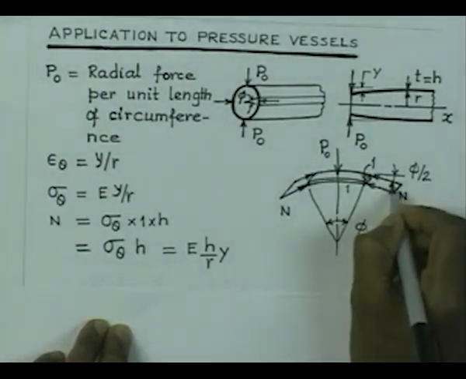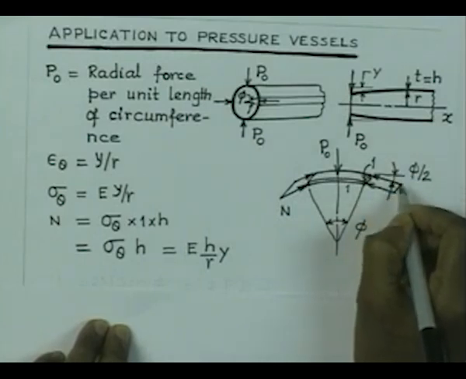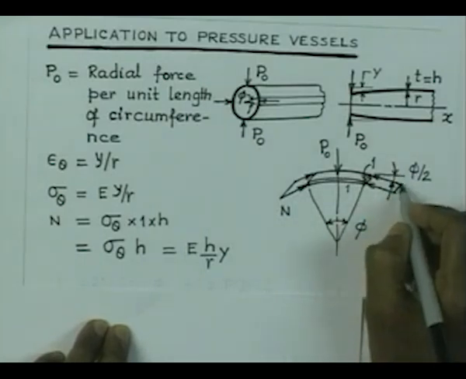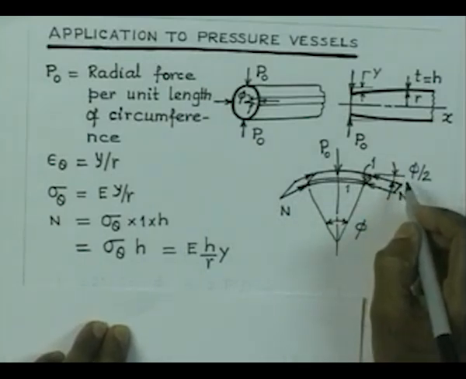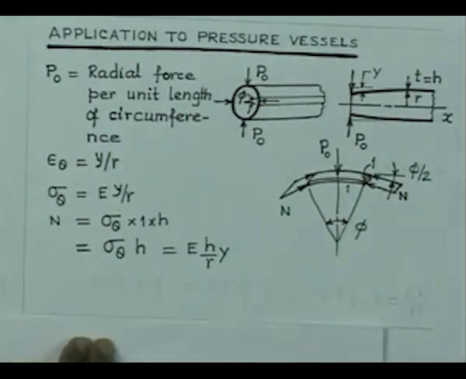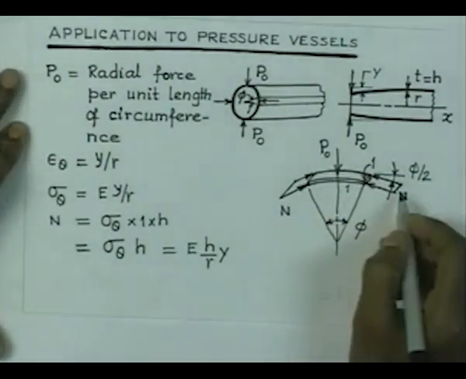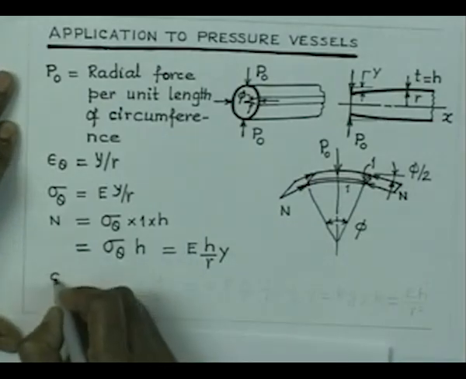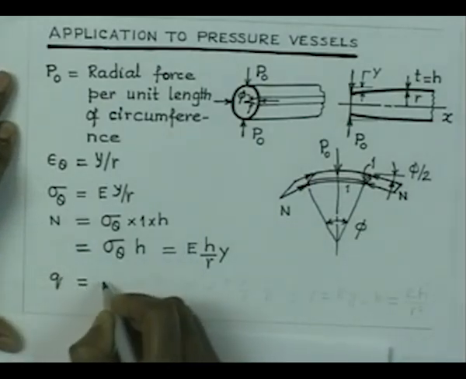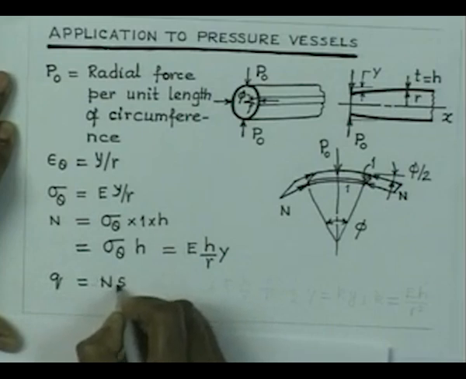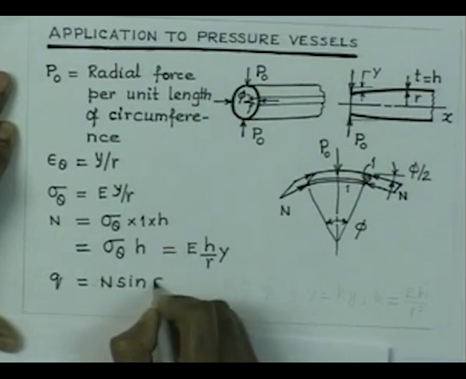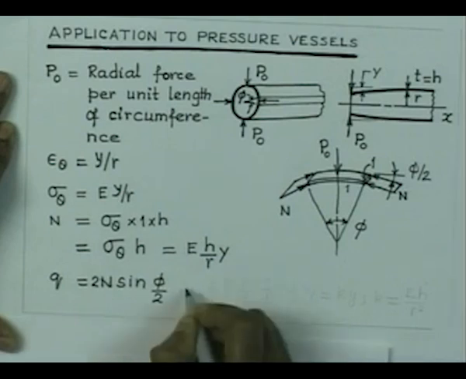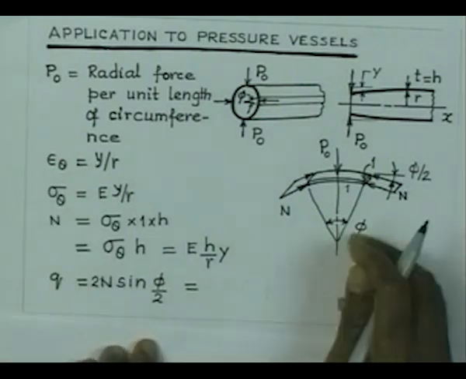So, if I take this component, it should be the sin of phi by 2 component, and therefore we can write the total vertical force coming from this edge and this edge as N sin phi by 2, and we have two sides.